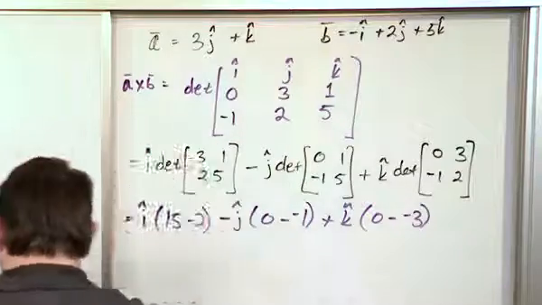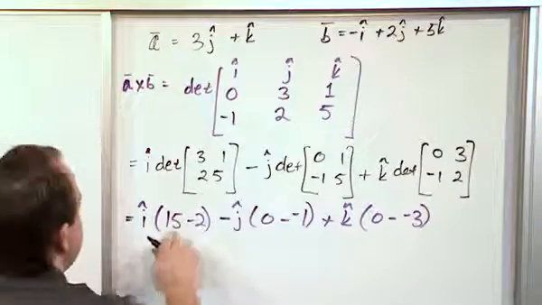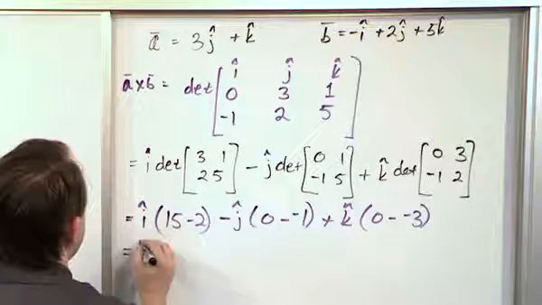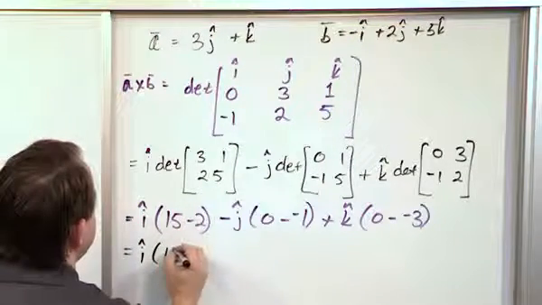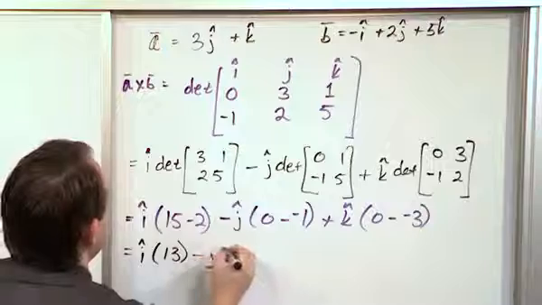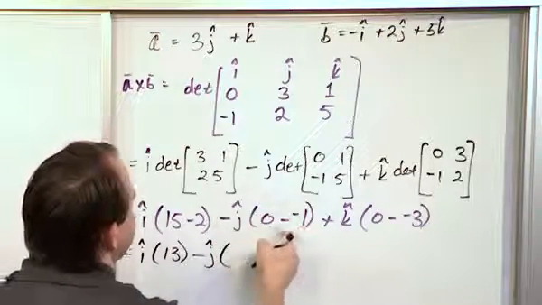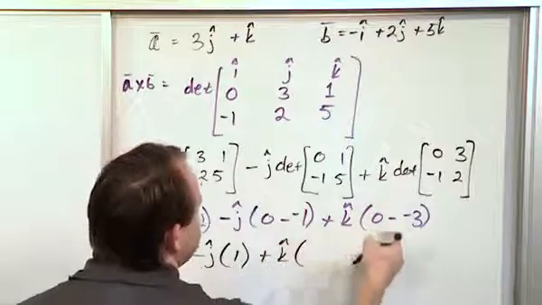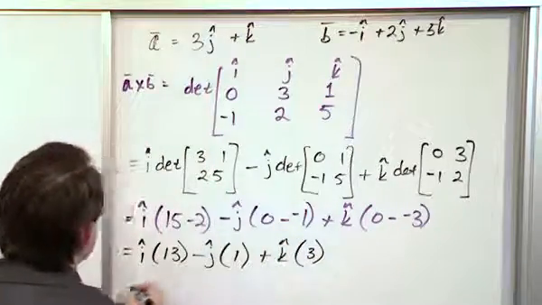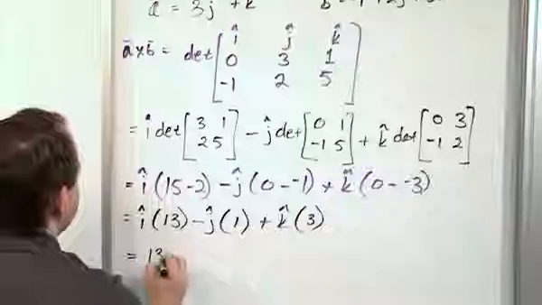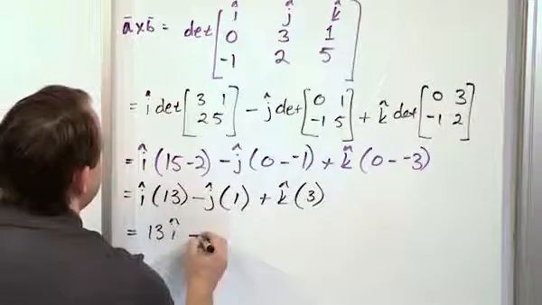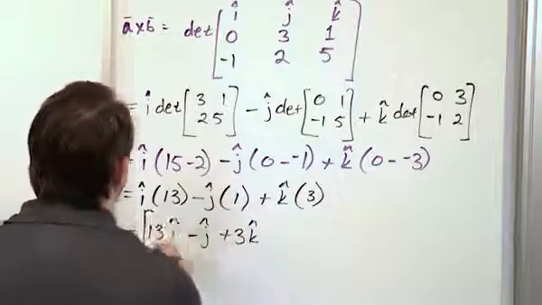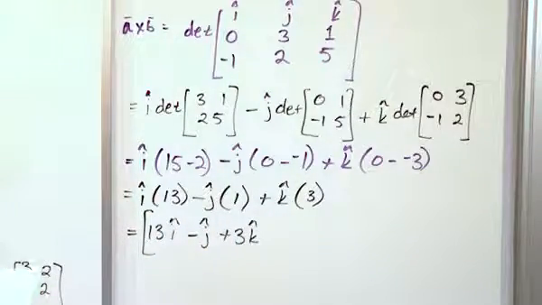This is extremely simple to find the final answer. 15 minus 2, well, let's just be explicit here. Inside here is going to give us 13, minus the j. Inside here gives us positive 1, and inside the k, this gives us positive 3. I could have combined steps, but we'll just make it here. 13i minus j plus 3k.